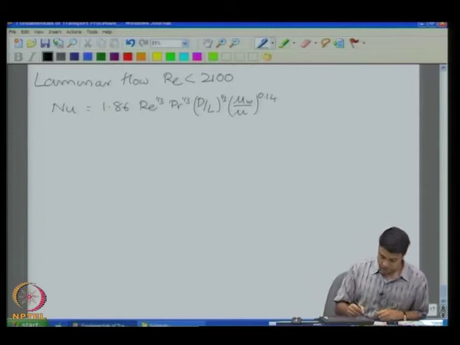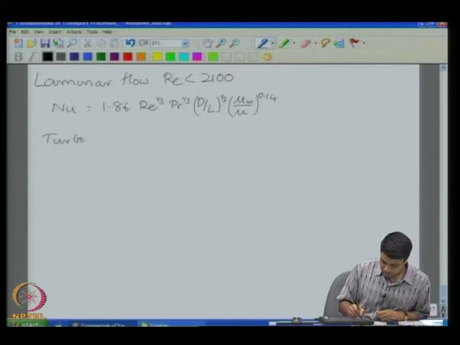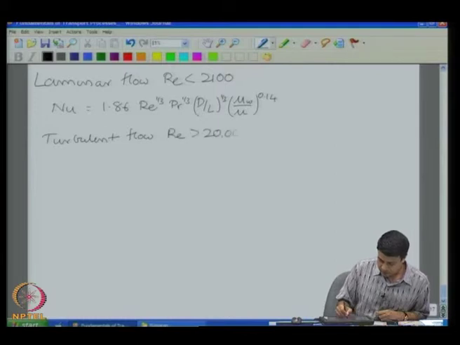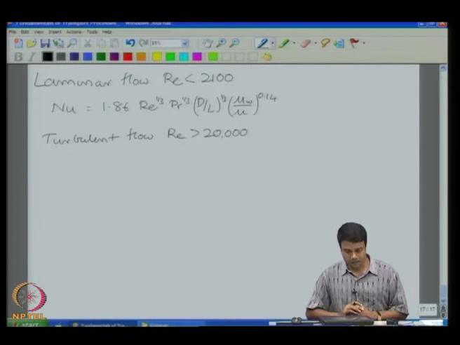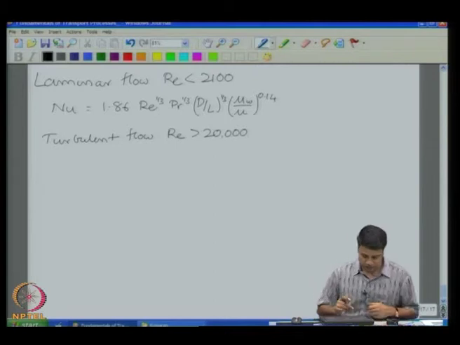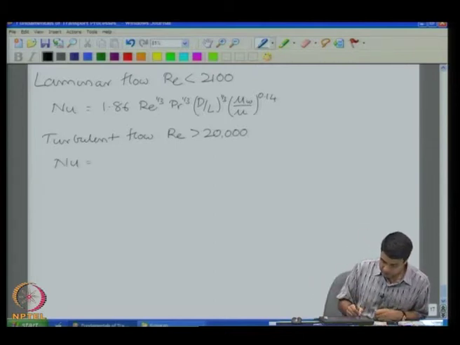Okay. For turbulent flow, and the Reynolds number is greater than about 20,000. Okay. The relation between the Nusselt number and the Reynolds number and the Prandtl number is given by what is called the Sieder-Tate correlation, and that is of the form Nusselt number is equal to 0.023.